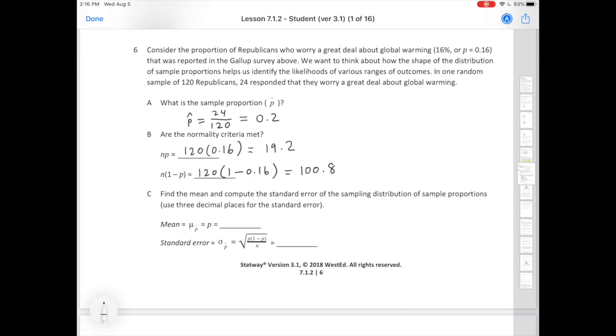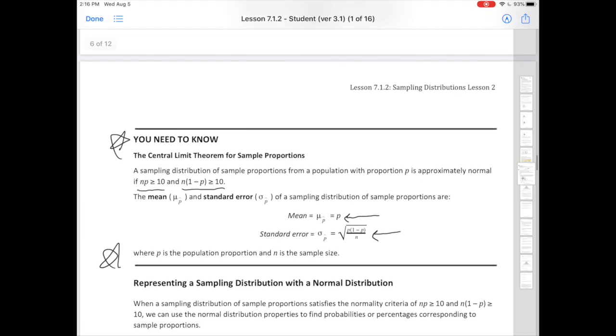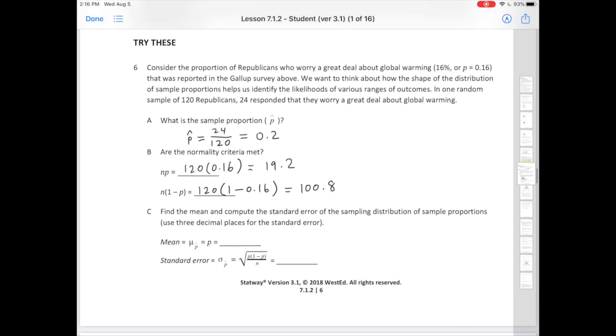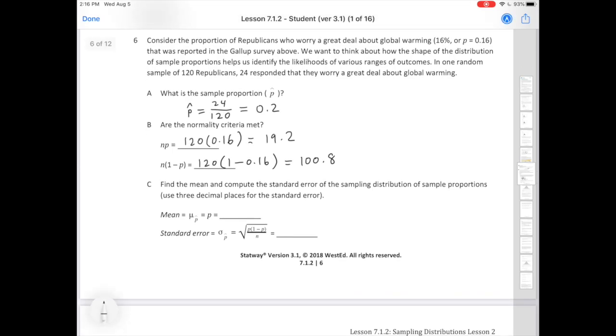We're not done here because this is asking us if the normality criteria is met. Remember, the normality criteria is that both of those have to be bigger than 10. Is 19.2 bigger than 10? Yes. 100.8 is also greater than or equal to 10.